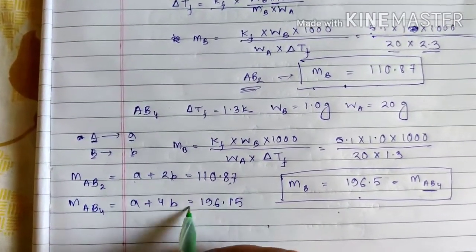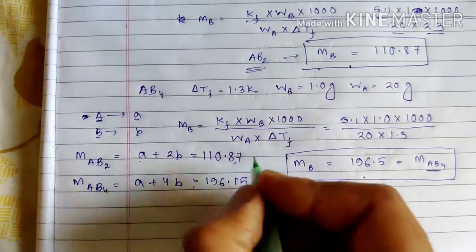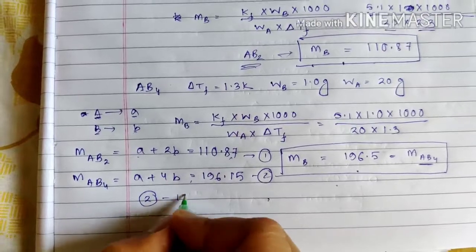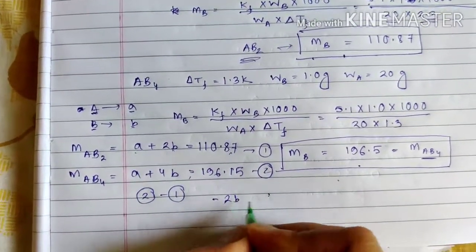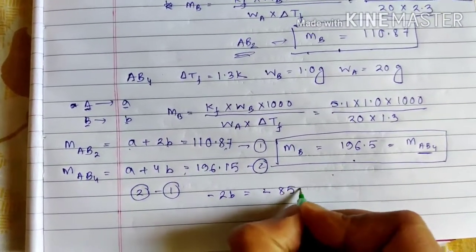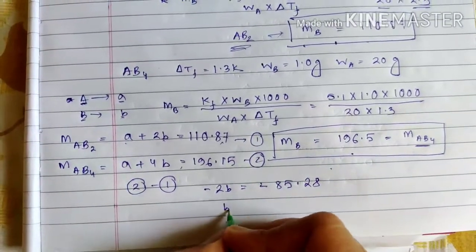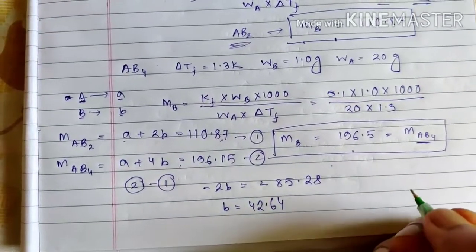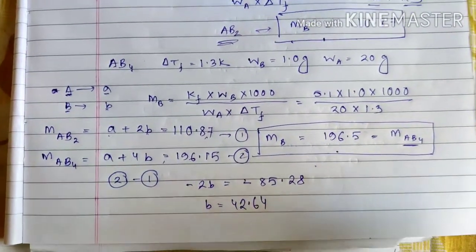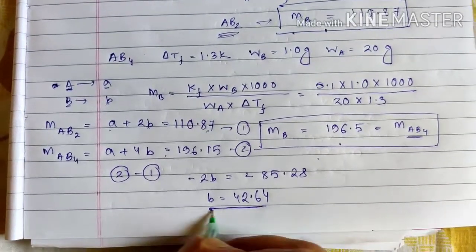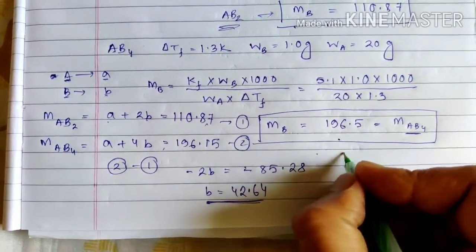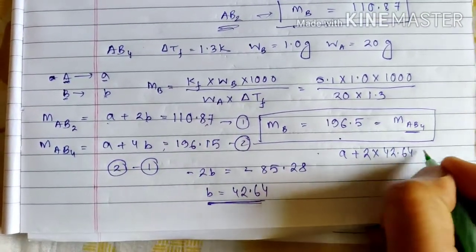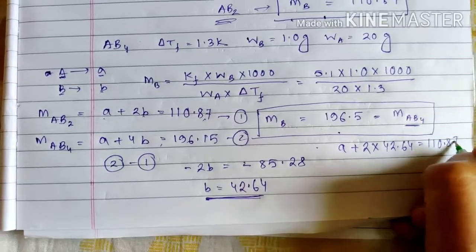Now we have written down two equations, and if we call them 1 and 2, then obviously if we do 2 minus 1, it will be 2b is equal to 85.28. You are getting b as 42.64 nearly. And obviously if you substitute the value of b in equation 1, it will be a plus 2 into 42.64 is equal to 110.87.